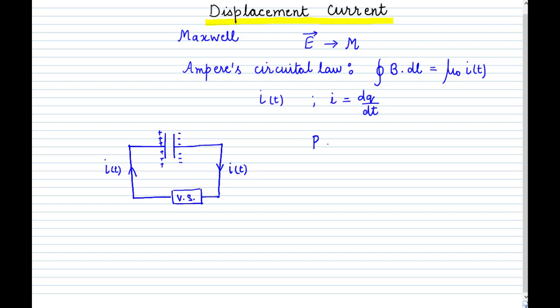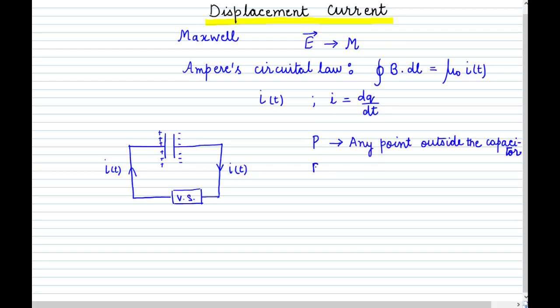Then we want to calculate the magnetic field B at point P. To do this, we have to use Ampere's circuital law, and for this we have to take the line integral of the magnetic field over a closed loop. To take a closed loop, we consider a plane circular loop whose radius is small r and whose plane is perpendicular to the direction of the current carrying wire.